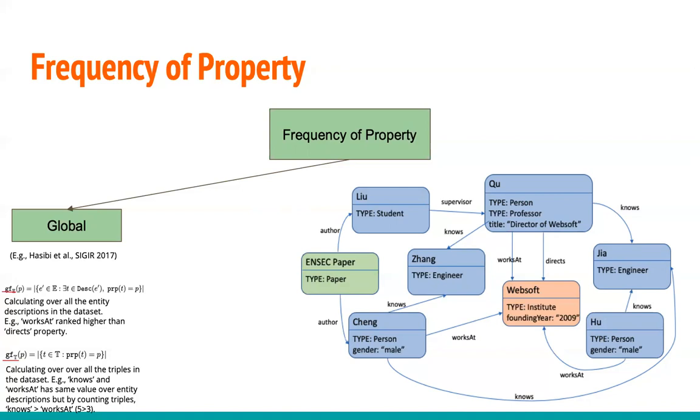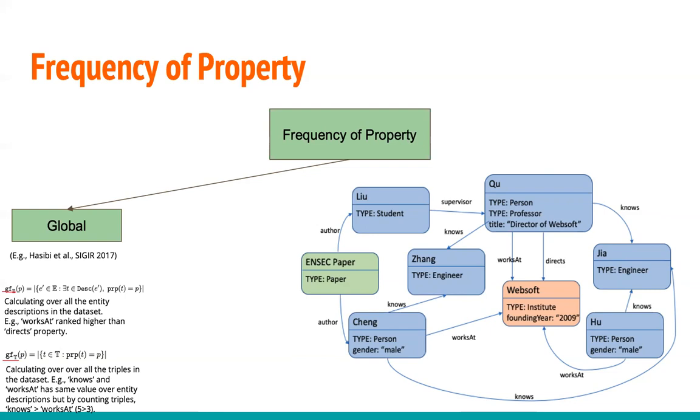So if you just count the entities that have this property, works at is going to be ranked higher than the directs property because directs appears only once.